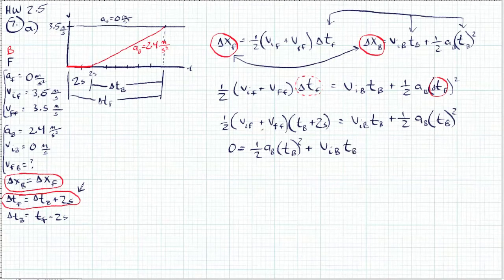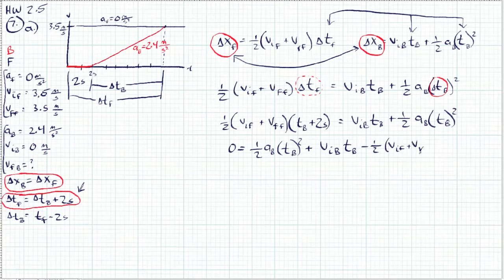To get the rest of this over to the right side of the equation, we would have to subtract this whole left-hand side and put it on the right-hand side. So minus 1/2 times the initial velocity of the friend plus final velocity.